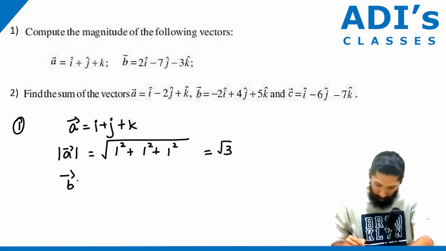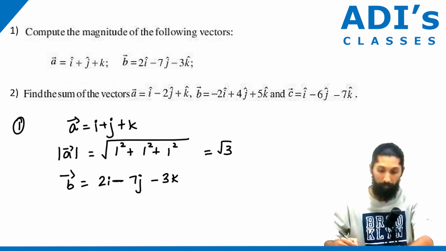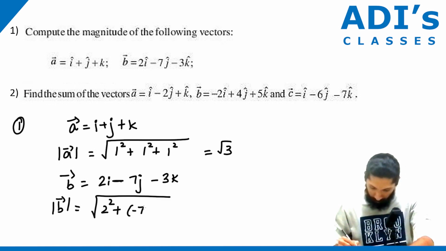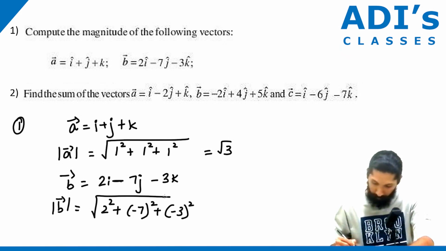Vector B is 2i minus 7j minus 3k. So mod of B becomes root of 2 square plus minus 7 whole square plus minus 3 whole square.